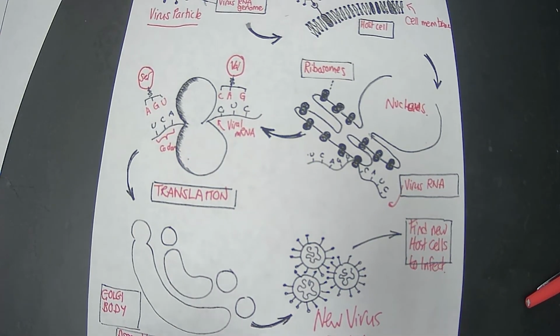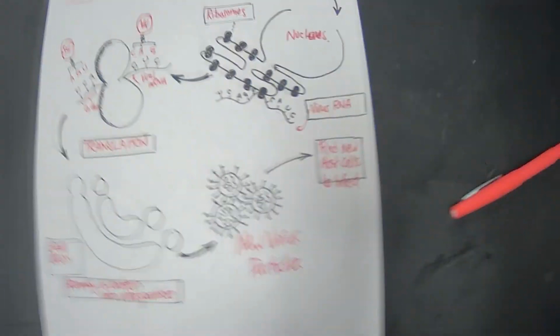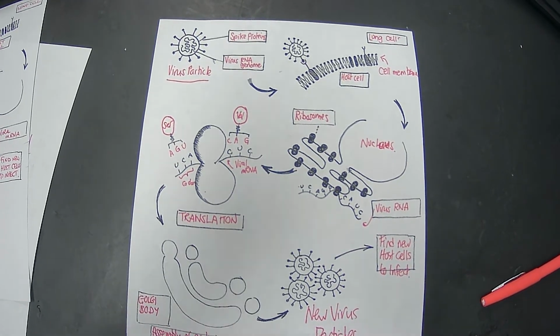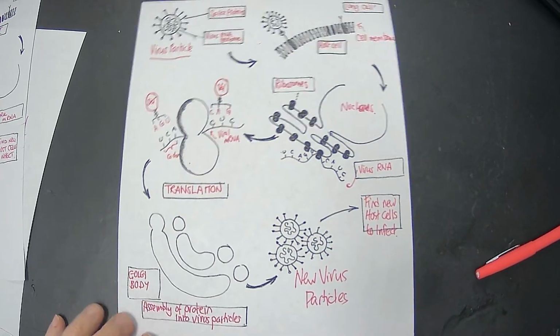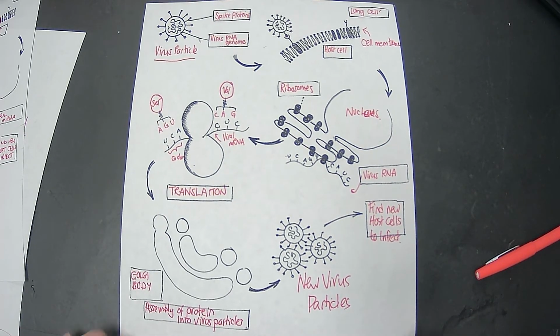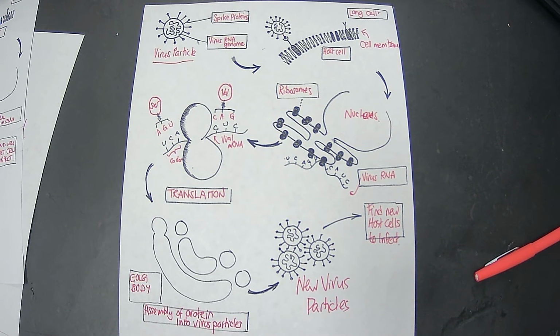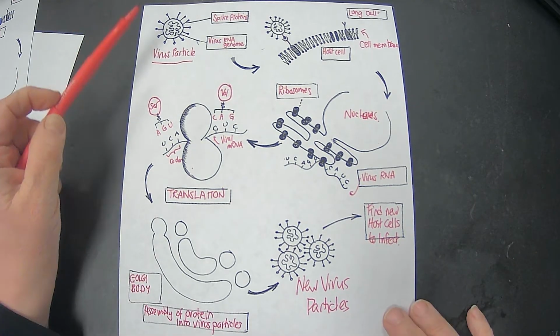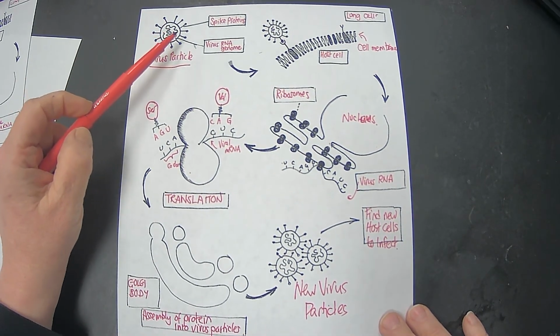Now, the reason this is so important is because when we get sick, we want to try and prevent ourselves from getting sick. And one of the things we have been hearing a lot about is vaccines. The new vaccines for the COVID-19 virus do not inject you with the whole viral genome.